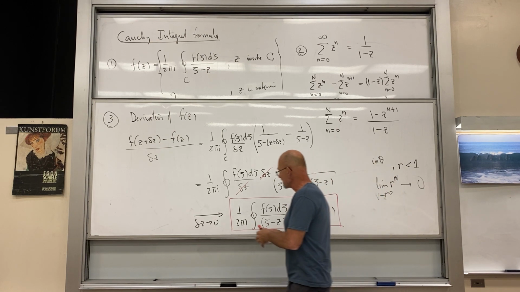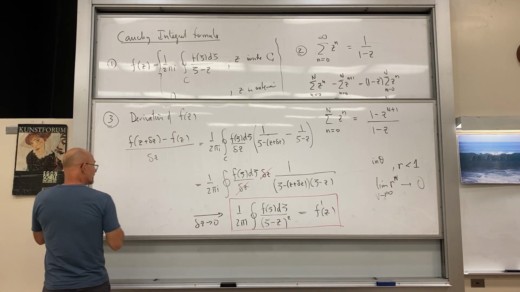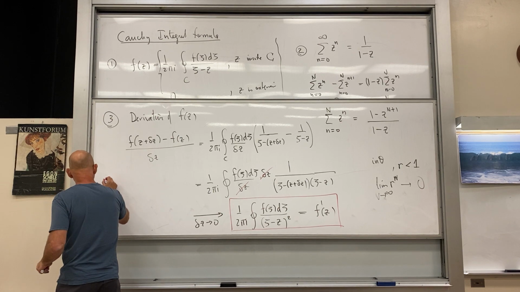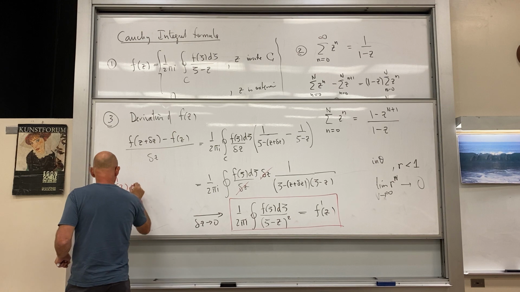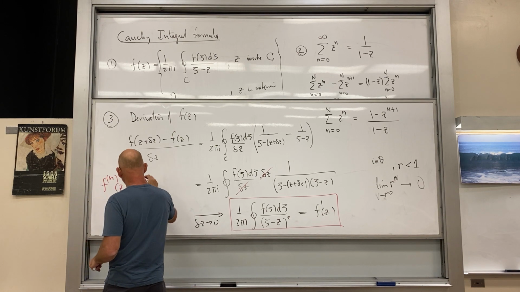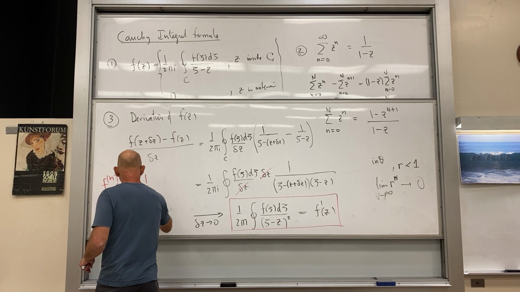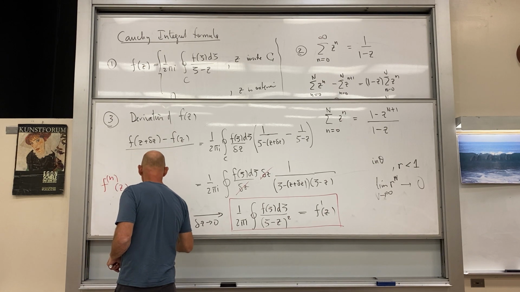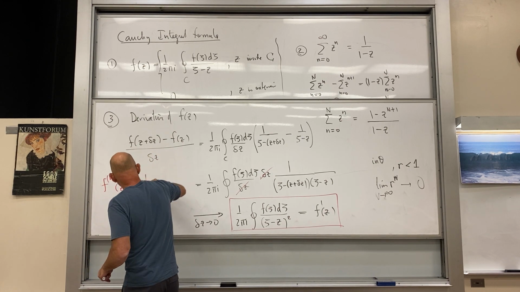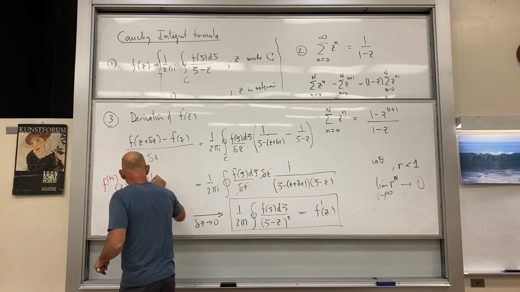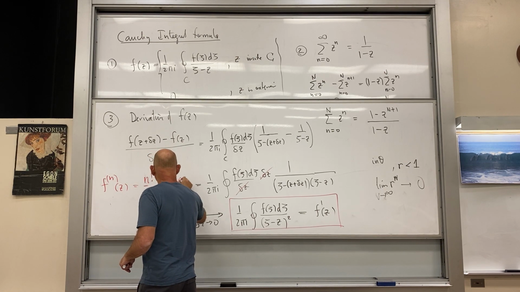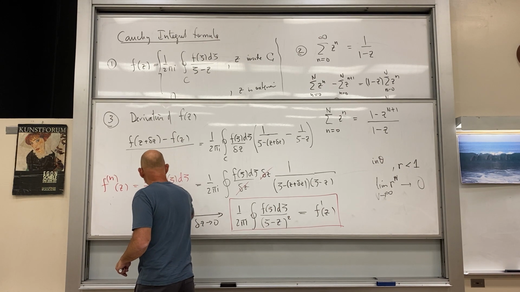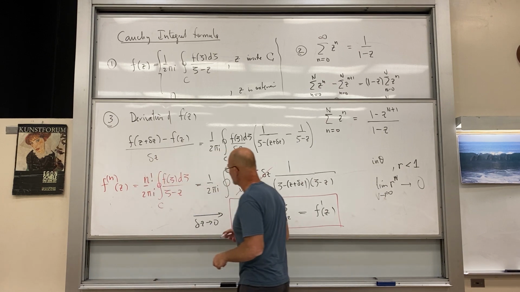So this generalizes immediately, and we've found, I'll put it in a box here, the nth derivative of f of z: n factorial over 2 pi i integral f of zeta d zeta over zeta minus z to the n plus 1, along the contour, wherever that path is.